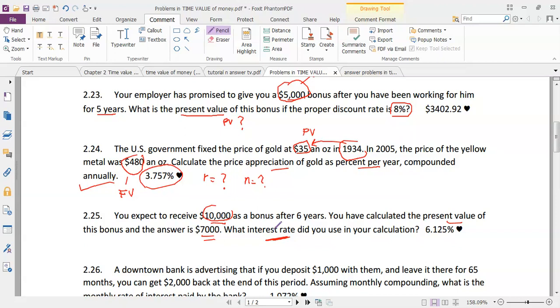Okay, cuba buat dia punya jalan kerja dia. So the answer is 6.15. So how to calculate?